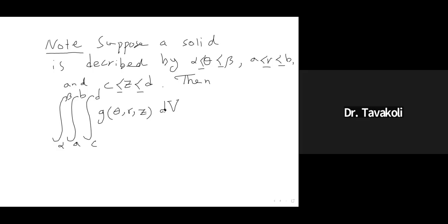This volume dV, this infinitesimal volume, in terms of d theta, dr, and dz, can be described as r dz dr d theta. You might remember that in the polar situation, there was an extra r before dr, the same situation here. So the product r dz dr d theta, in fact, is dV.